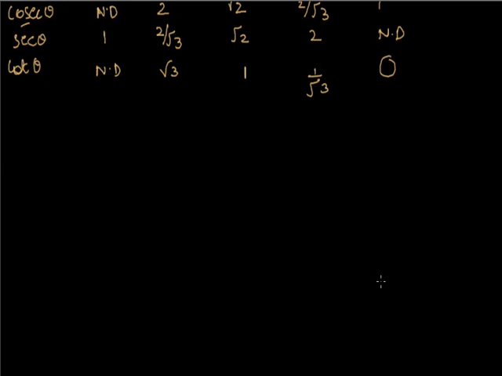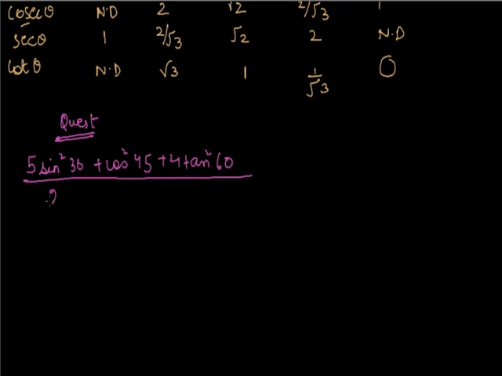So we'll be starting directly with the questions. The question asked in last year's IGCSE pattern was: calculate the value of 5 sine square 30 plus cos square 45 plus 4 tan square 60 upon 2 sine 30 cos 60 plus tan 45.